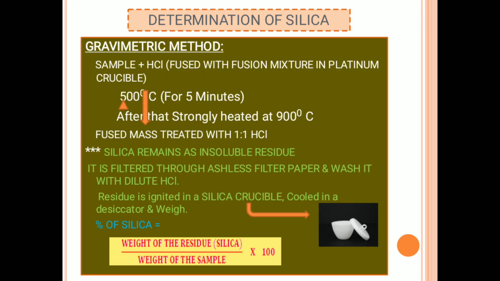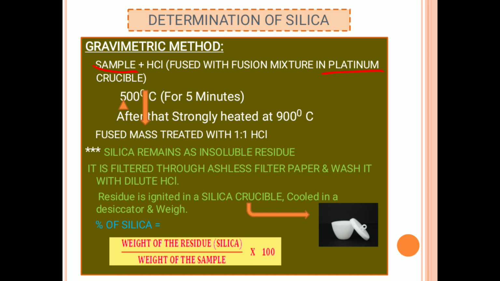The final constituent to be discussed in this video is silica. Simply take a known amount of iron ore sample into a platinum crucible and then add HCl to this.